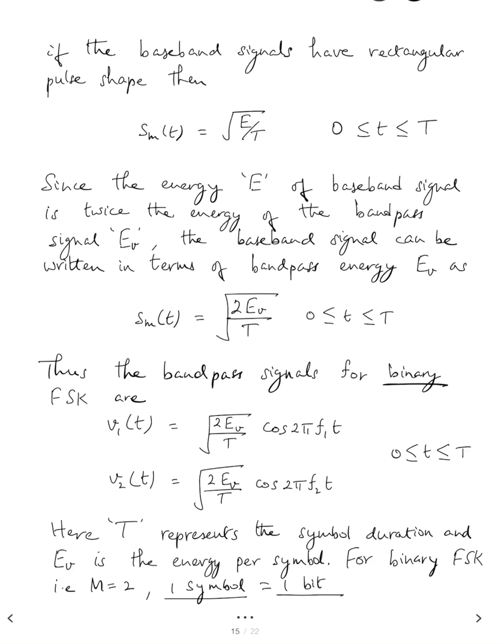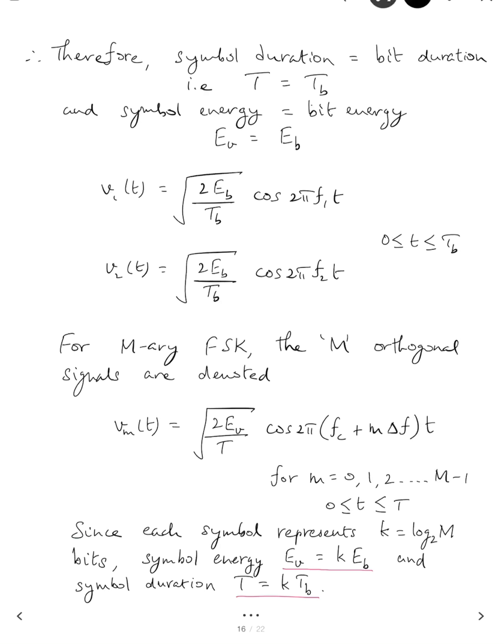So one symbol duration corresponds to 1 bit duration, and since this is the bandpass signal energy representing the complete pulse, and because one pulse is representing one bit, this EV also corresponds to the bit energy. So we can rewrite these equations in terms of the bit energy and bit duration as 2 EV by TB.